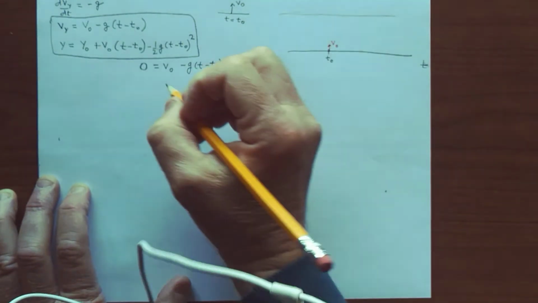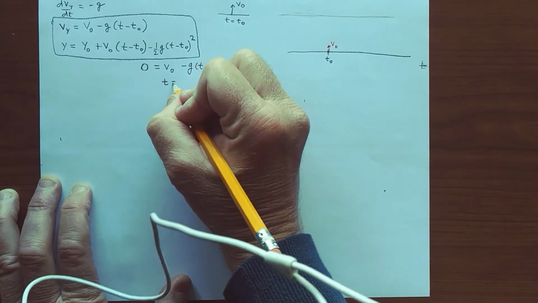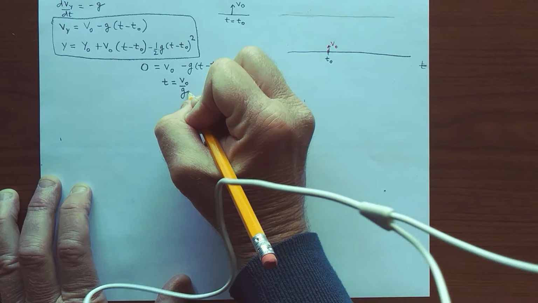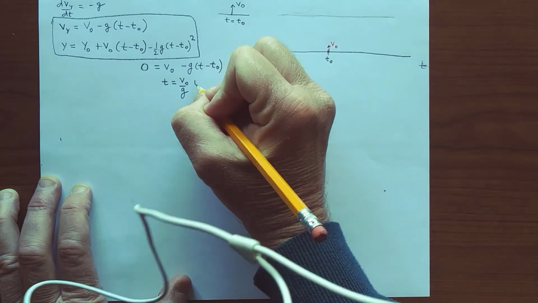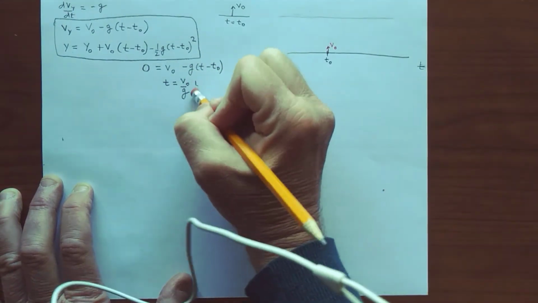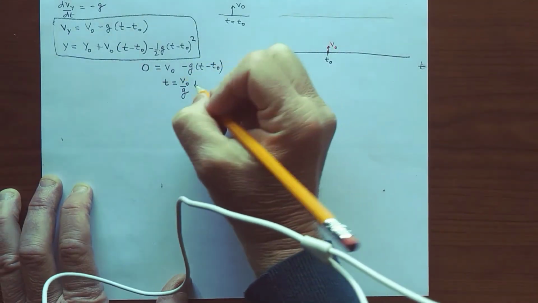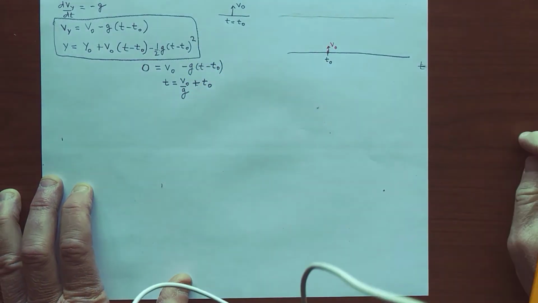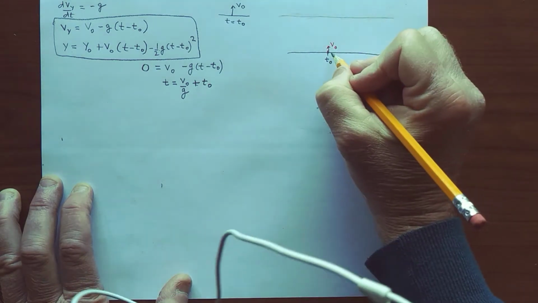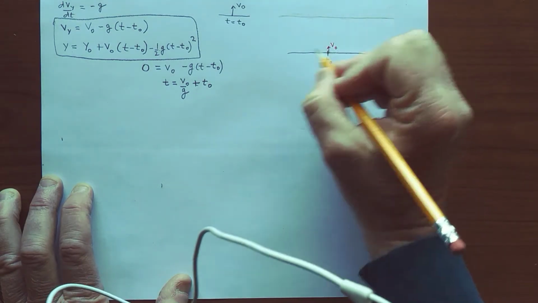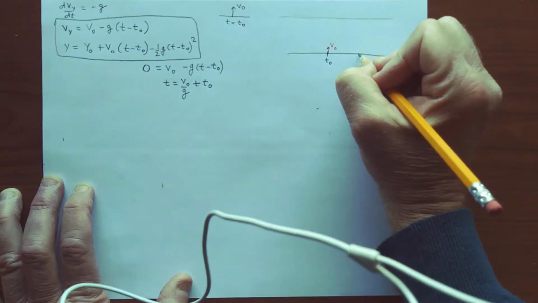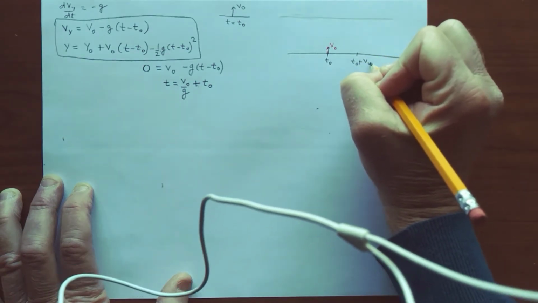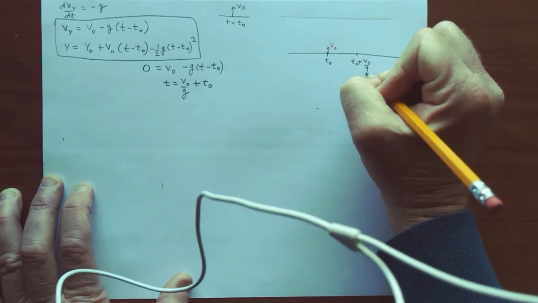And that, of course, gives us that t is equal to v naught over g plus t naught. And so we move to t naught plus v naught over g.